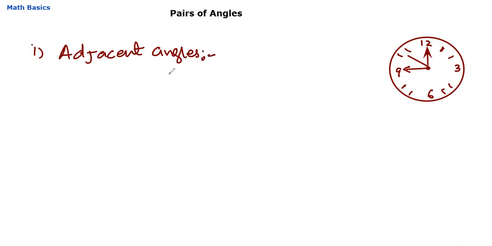So adjacent angles are basically two angles that have a common vertex and a common arm.